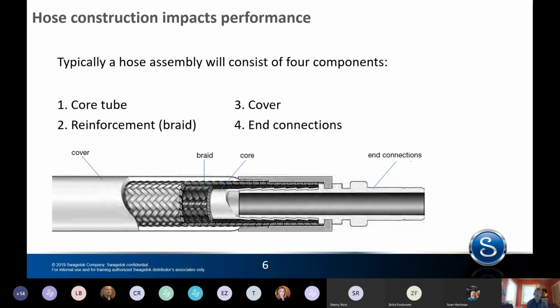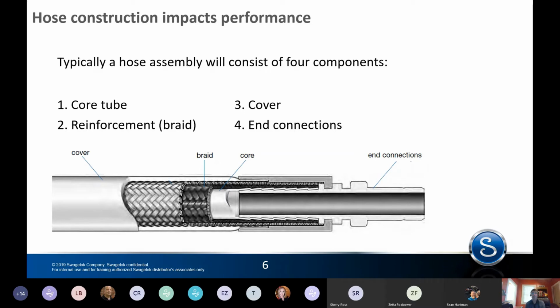So that core needs to be reinforced, and most of the time it's reinforced with a braid. It can be reinforced with other things, but most commonly it's a braid material, and the braid can be different materials depending on how strong it needs to be and how flexible it needs to be. So the braid in this case, there's a double braid.